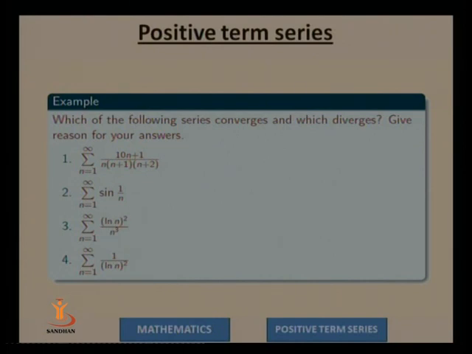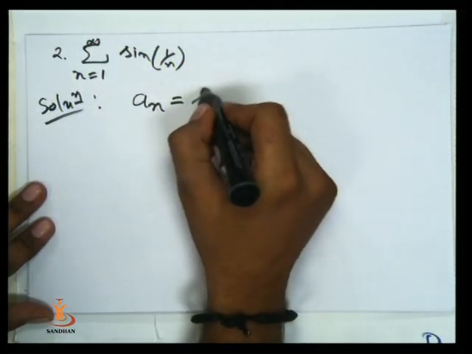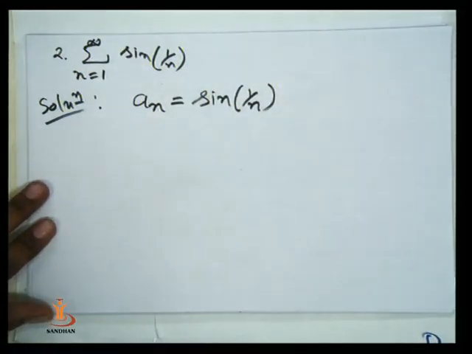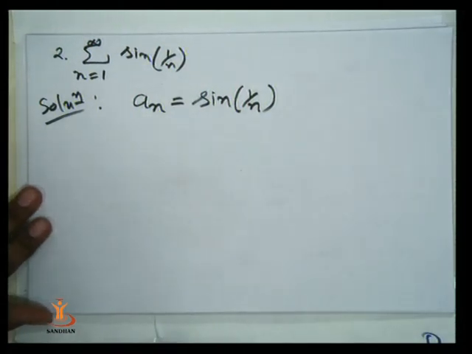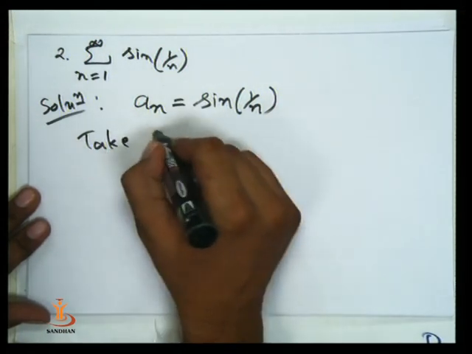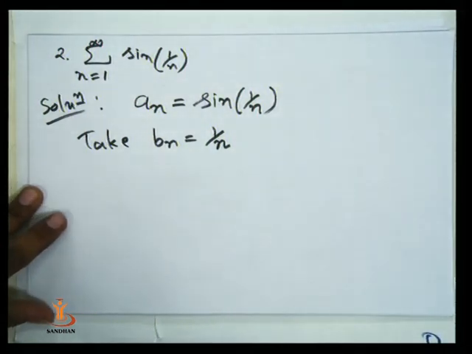Right. Now in this example we have an equal to sine 1 upon n, and for that what we have to do is consider bn equal to 1 upon n.